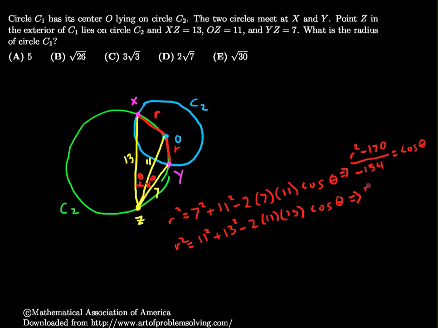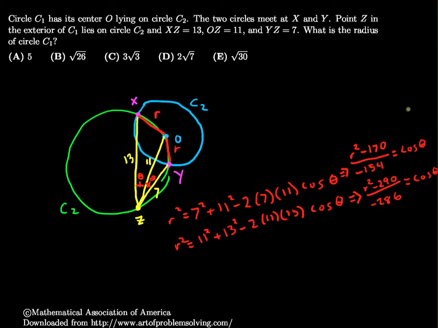So I'll have R squared minus 290 over negative 2 times 11 times 13. 13 times 11 gives me 143 times negative 2 gives me negative 286. Actually, I'm looking at this, and I could have done something much smarter. I won't, though. So let's go through this.